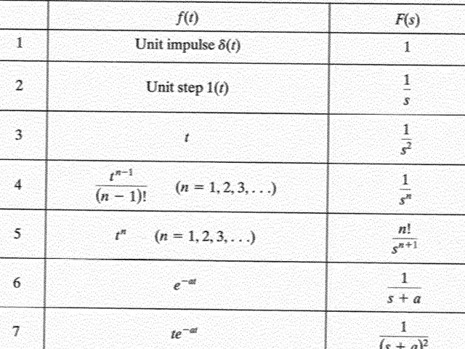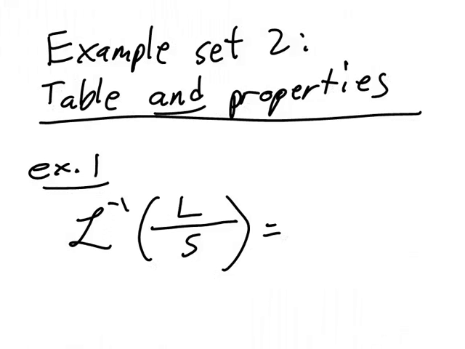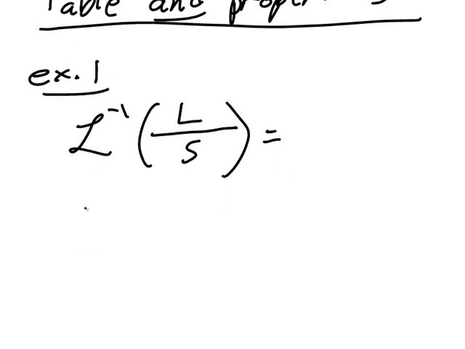However, we can then apply one of the Laplace transform properties in order to get our function to match the one in line 2. We can change this problem like this.